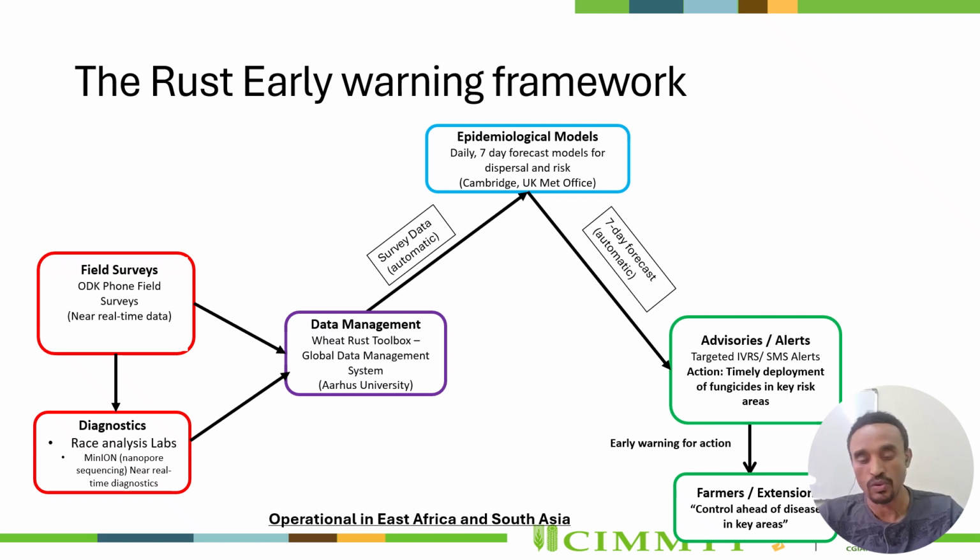So this is the overall flow of information in the RUST early warning framework. At the moment, this early warning activity is active in East Africa and South Asia.